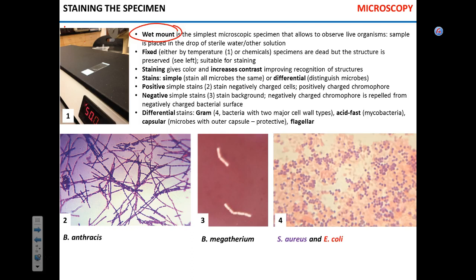And the second problem, remember we talked about contrast? Bacteria are pouches of water, and we have to observe them against a watery background. In order to increase contrast, we stain the specimens. In order to stop specimens from moving, we fix the specimens. Fixation can be chemical, or it can be done by temperature.